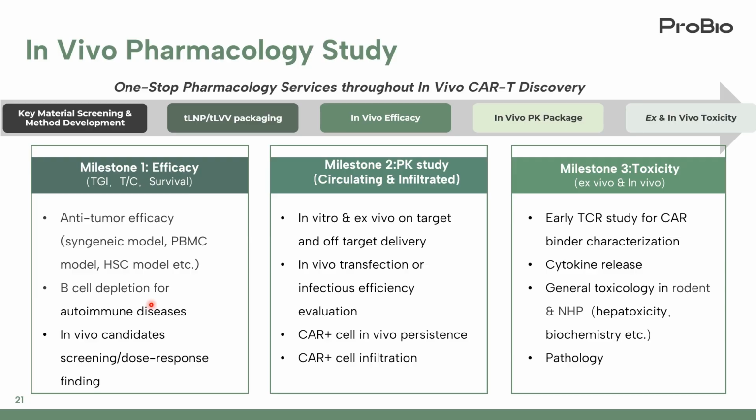You can use these models to screen for candidates or to study the dose response kinetics. For PK studies, it includes the evaluation of on and off-target deliveries, the transfection efficiencies, the CAR-T cell in vivo persistency, and the infiltration. The toxicity studies cover the TCR profilings, the cytokine release, the general toxicity, and the pathologies.